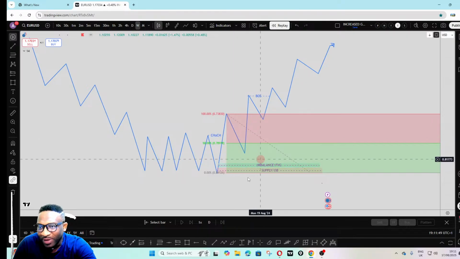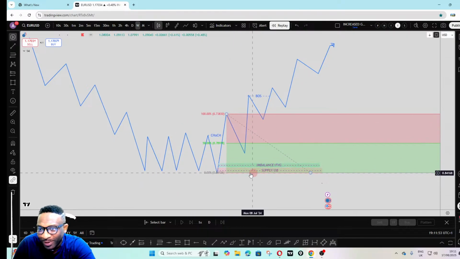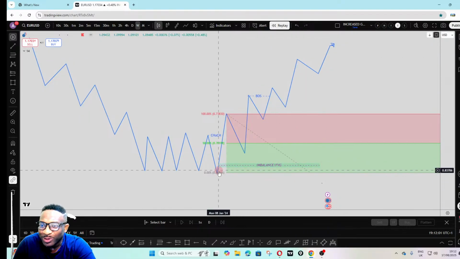I inverted this chart I had earlier on, so that's why this is showing supply zone here. Let me change it to demand, so nobody will pick me up on it. So this will be an imbalanced demand zone, not supply, because I inverted my earlier charts.